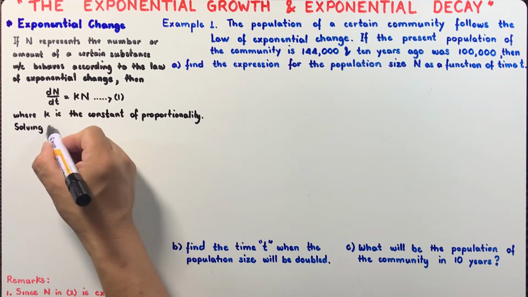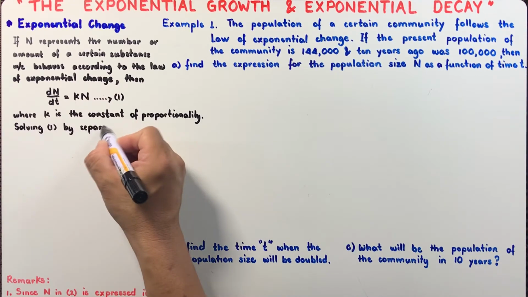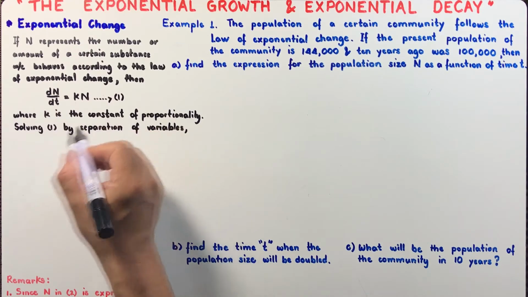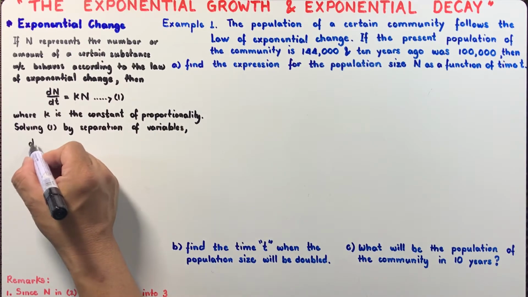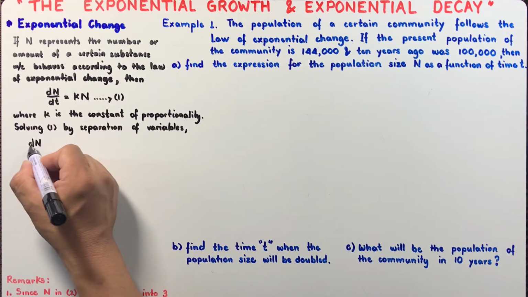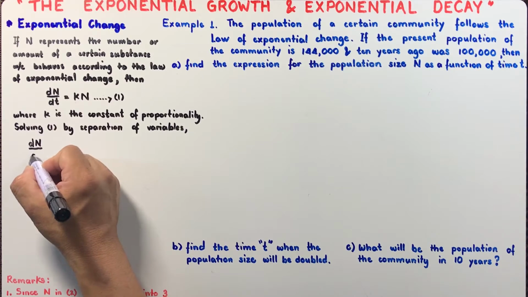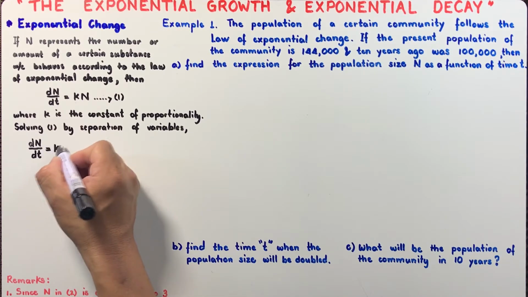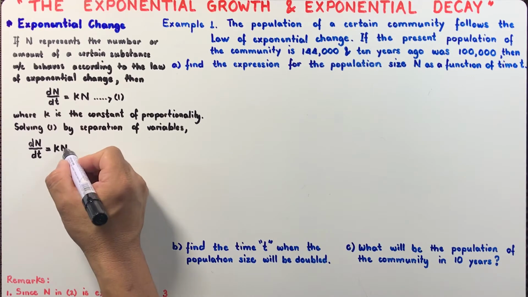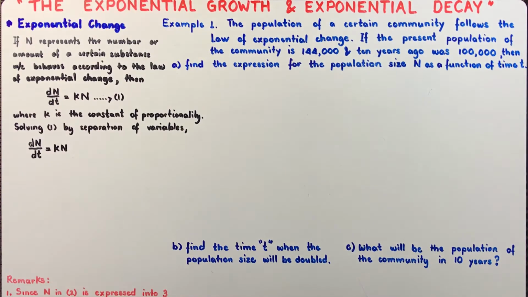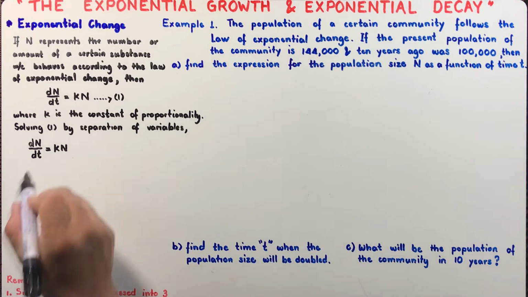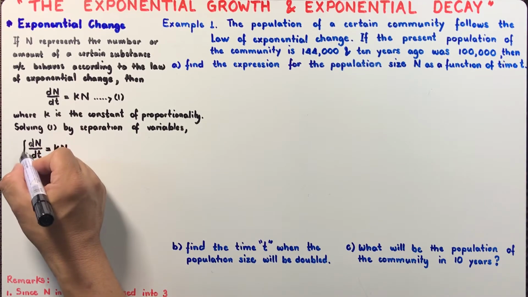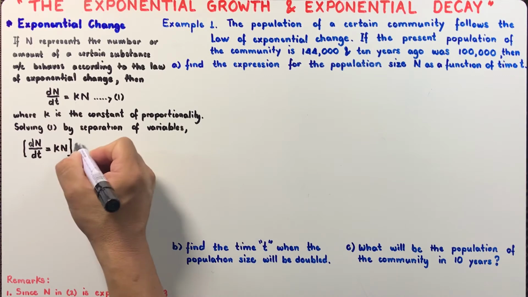Then, solving equation 1 by separating the variables, we have dN over dt is proportional to the big N. We can separate all N's to the left and all terms without N to the right by multiplying both sides of the equation by dt.